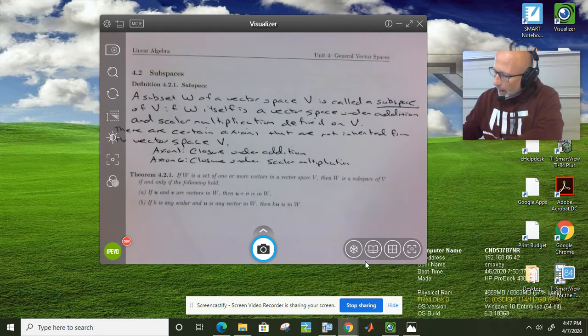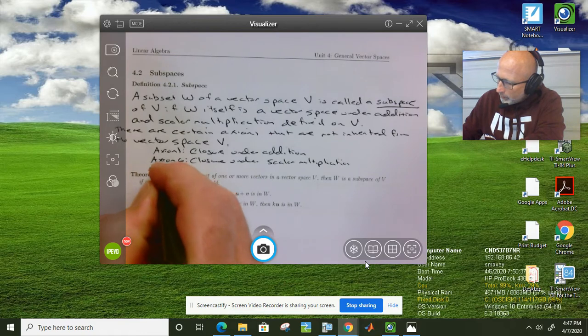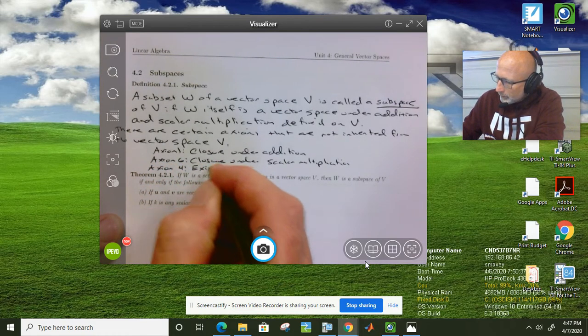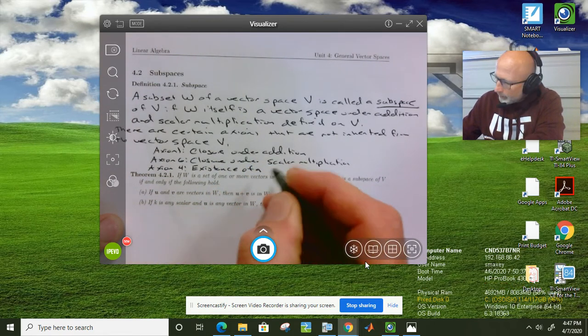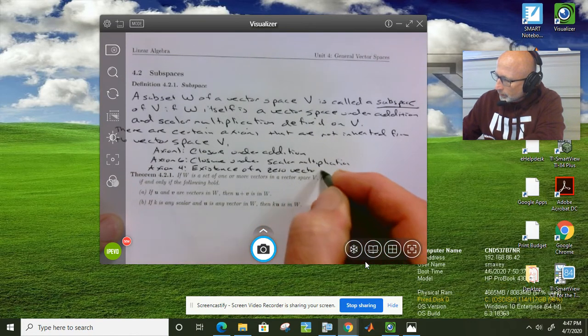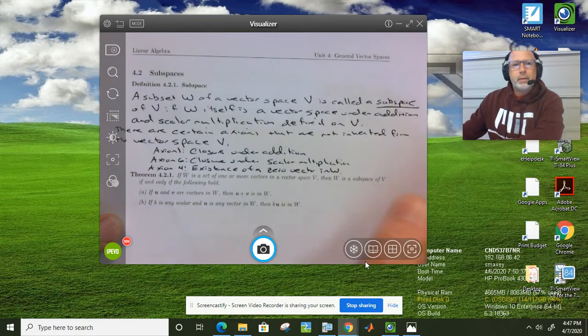Going backwards a little bit, axiom four, the existence of a zero vector in W. Okay, so we don't know that that exists.